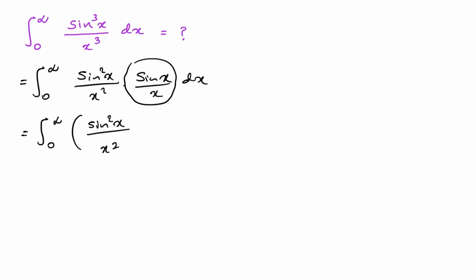Instead of sine of x over x, I'm going to represent sine of x over x by using the definite integral from 0 to 1 of cosine of xy dy, and here we have dx.